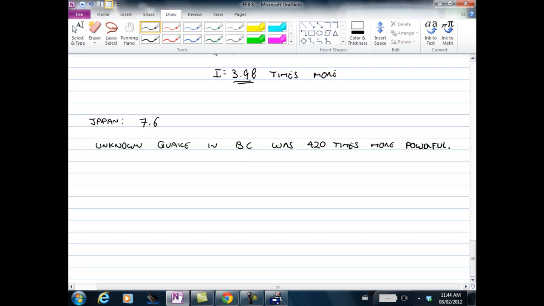Here we go. Find the magnitude of this unknown quake. This is going to be my last question before lunch. An unknown quake in BC was 420 times more powerful.